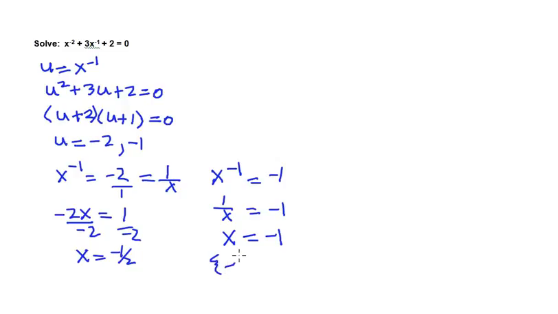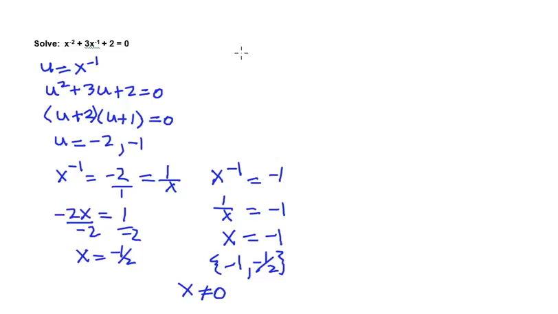X is equal to either a -1 or a -1/2. And because this is a reciprocal equation, we should check for bad points. This 1 over x means that we should not be letting x equal to 0. But our solutions do not overlap with the bad point, and so these are two good solutions.